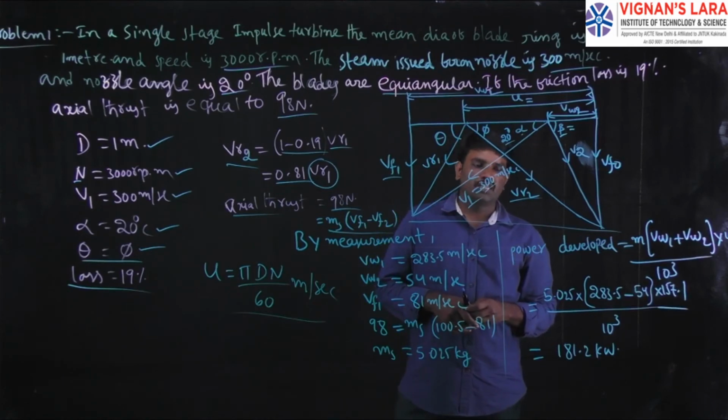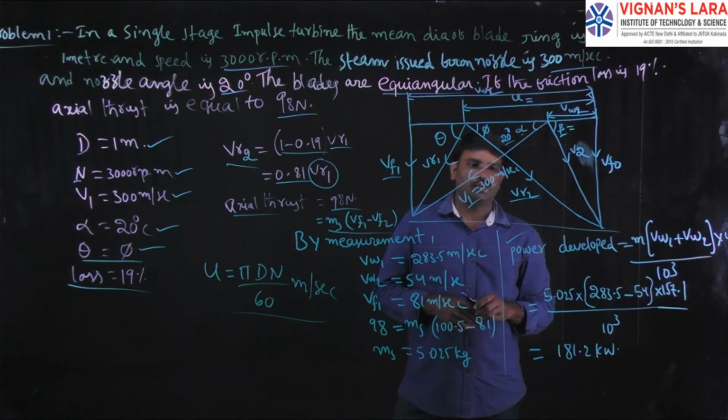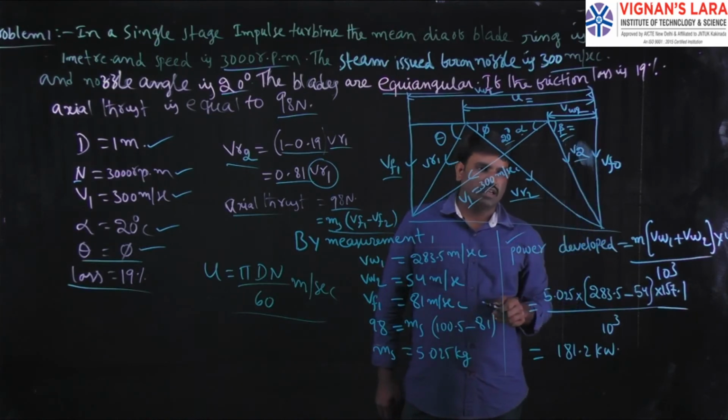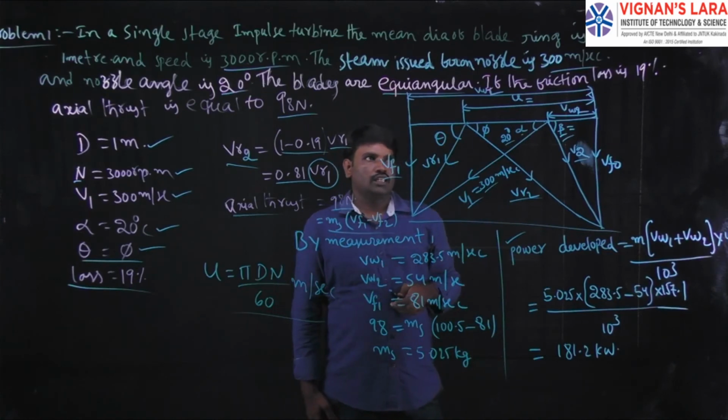In the present problem he only wants the power developed by the turbine. You can also calculate the exit velocity of the steam and the exit nozzle angle, discharge angle or exit angle of the steam. These parameters also you can easily calculate.